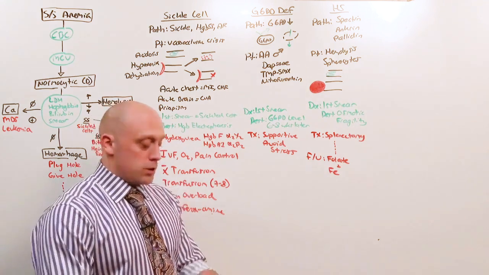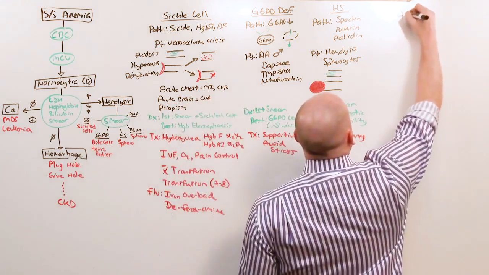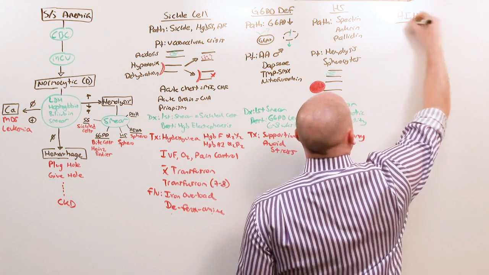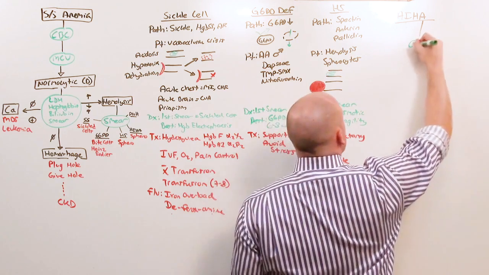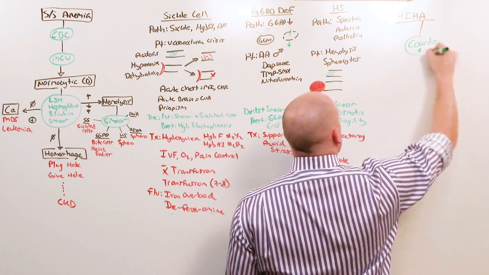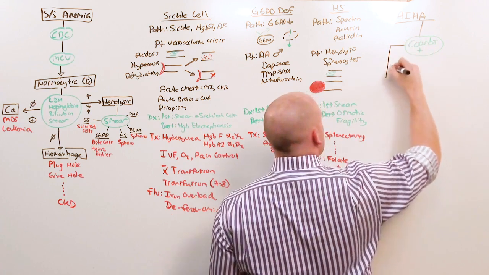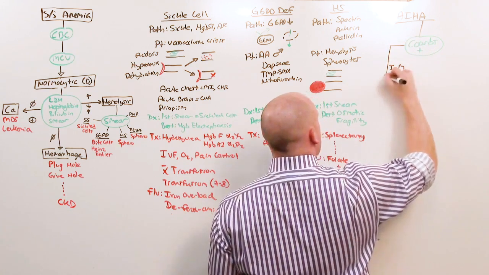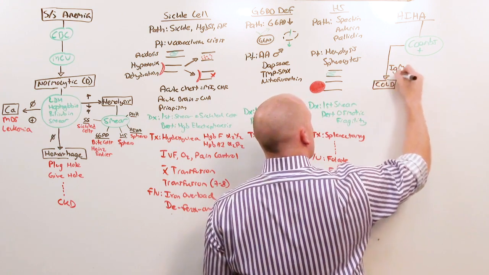All right, coming down to the wire here, two left. Autoimmune hemolytic anemia comes down to one thing, and that's the Coombs test. And it will be positive in both conditions. If the Coombs test is positive for IgM, it is cold autoimmune hemolytic anemia.